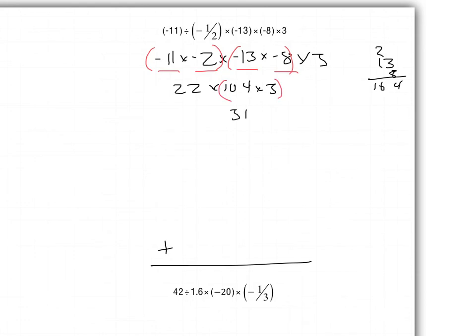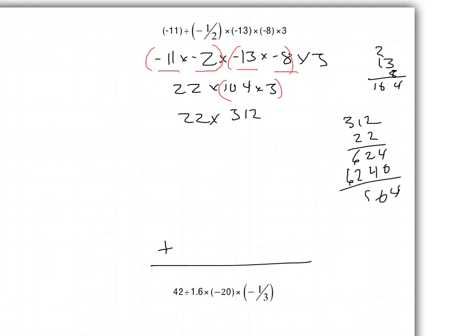That's 312. So I have 22 times 312, and I get 68/64.